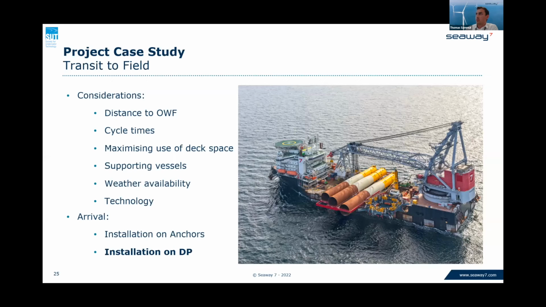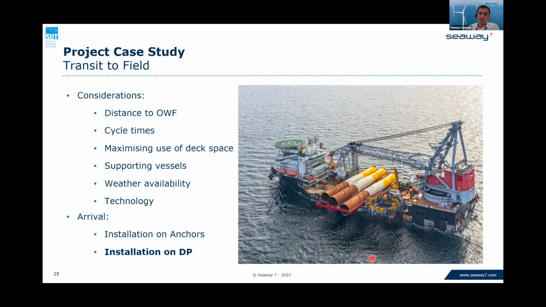And when I say installation on DP, you can see in the photo there what we call the gripper. I'll mark it with a red laser point there. And that is a system that handles the monopile in the vertical orientation and allows for some degree of movement whilst we hammer down into the location, whilst the vessel is running just on its dynamic positioning systems.